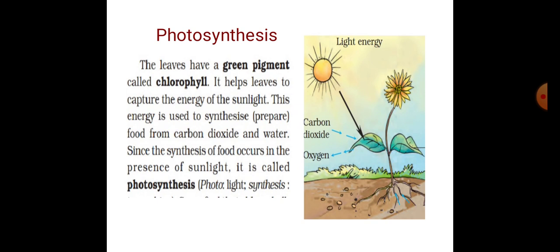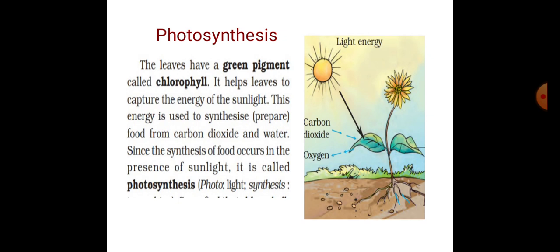Water and minerals are absorbed by the roots and transported to the leaves through vessels, which are just like water pipelines. At the same time, carbon dioxide, the next raw material for photosynthesis, reaches the leaves from the air through stomata.